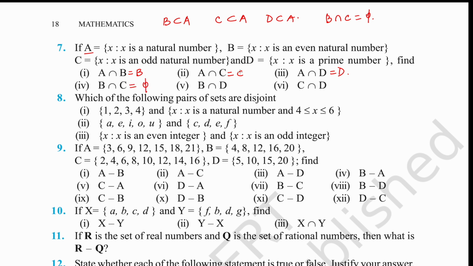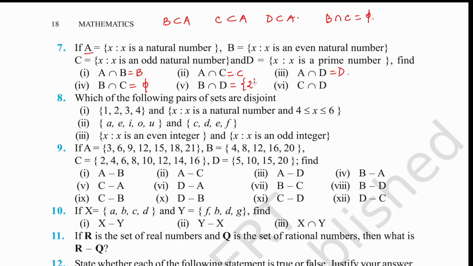Now B intersection D, so you have B as a set of even natural numbers and D as a set of prime numbers. So what is common between these two? So we know that all the prime numbers other than 2 are odd. So the common element between even natural numbers and the set of prime numbers is just the element 2.